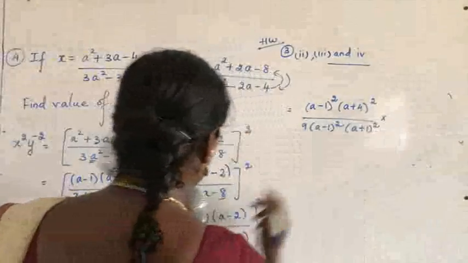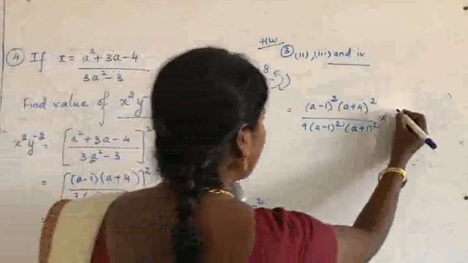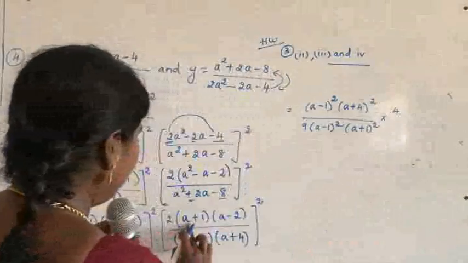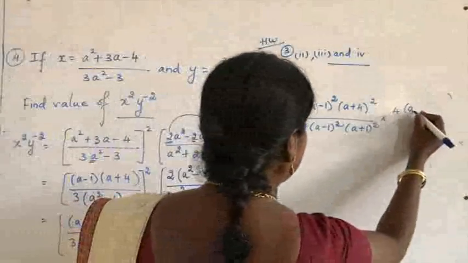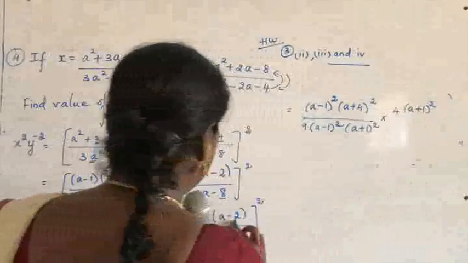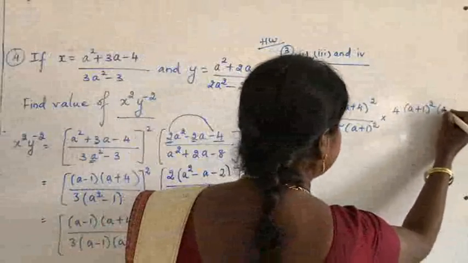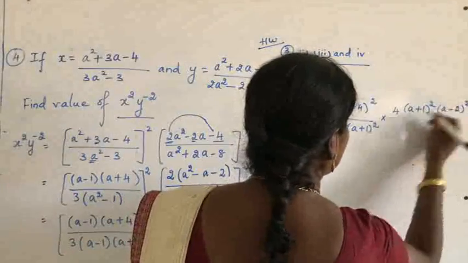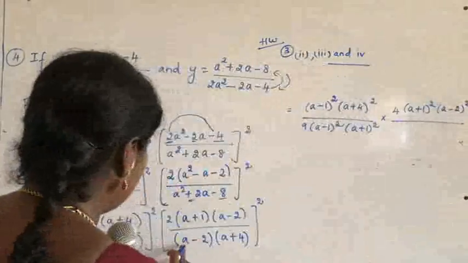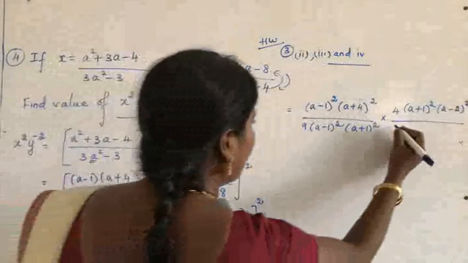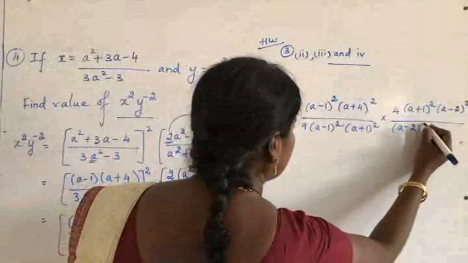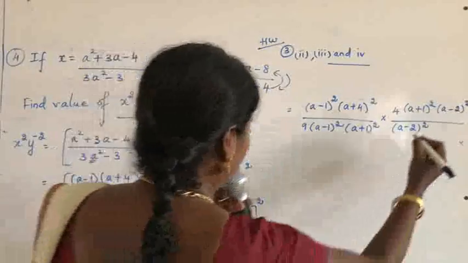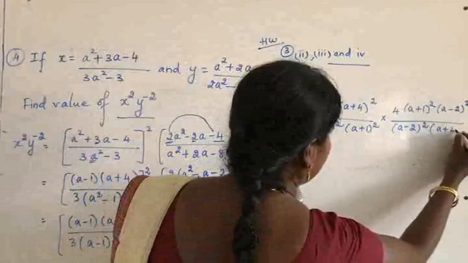So into 2 square is 4, a plus 1 the whole square, a minus 2 the whole square, upon a minus 2 the whole square, a plus 4 the whole square.